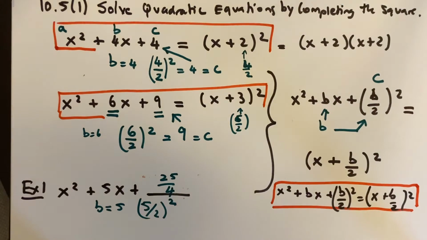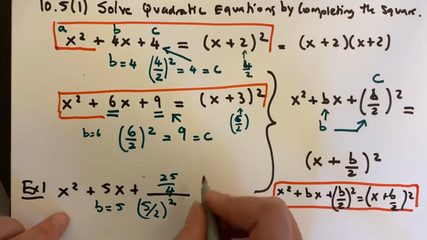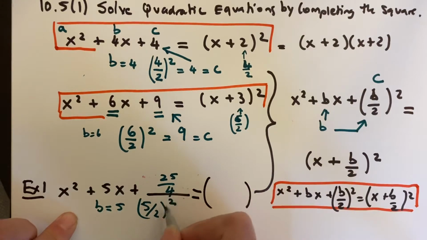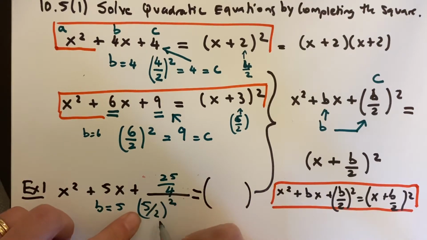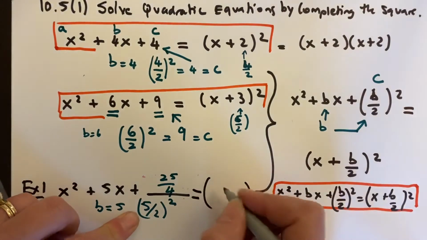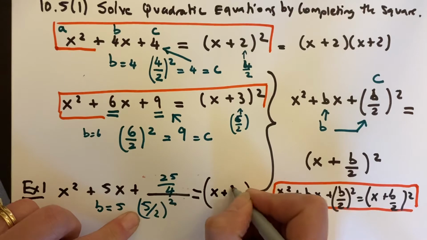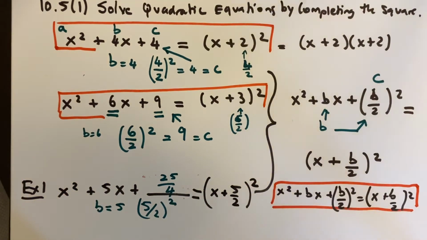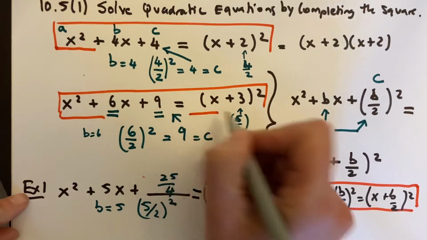Now, in your homework, they're going to ask you to do 2 things. 1 is to find what the C value is, and 2 is to give what it's going to be equal to if it's a perfect square trinomial. Well, if this is 5/2 squared, that means this is going to be equal to x plus 5/2 squared. And that's how you complete this problem.